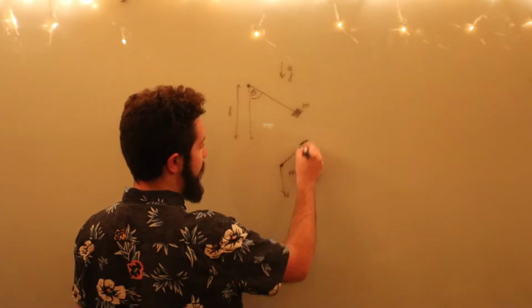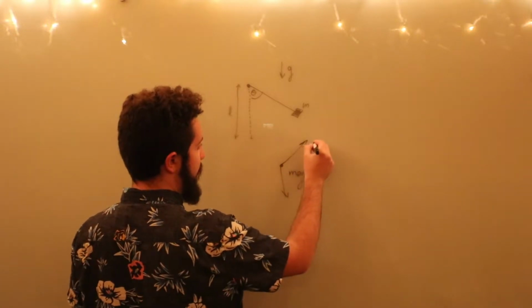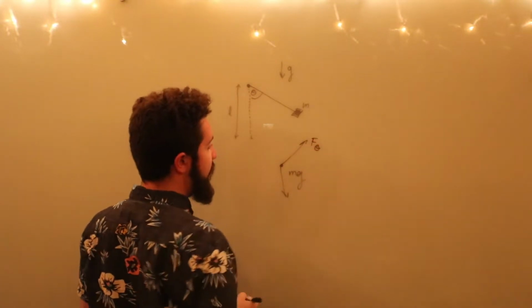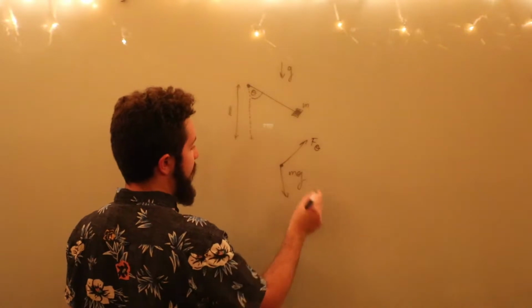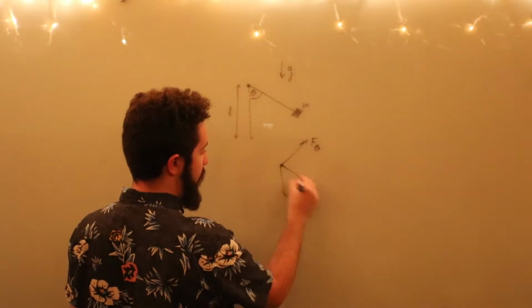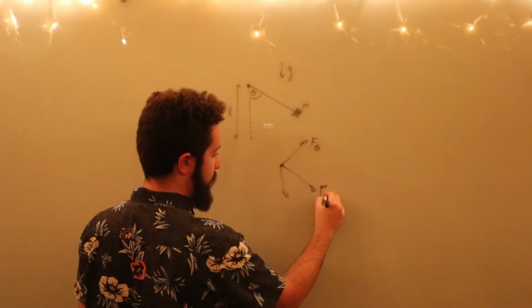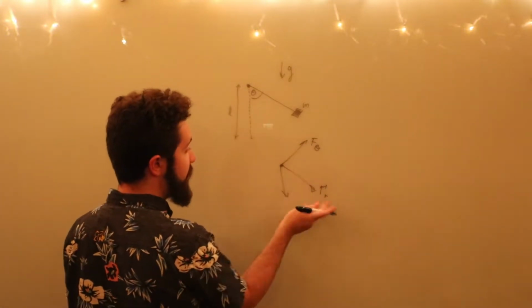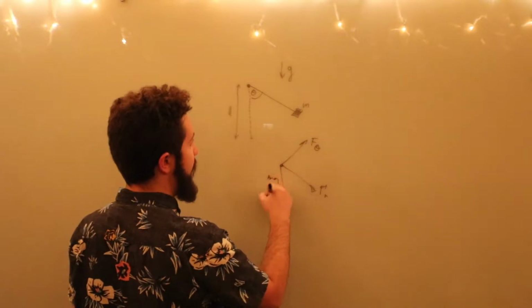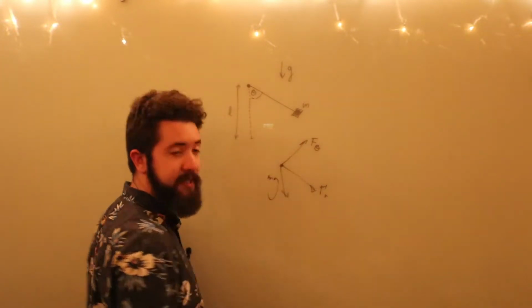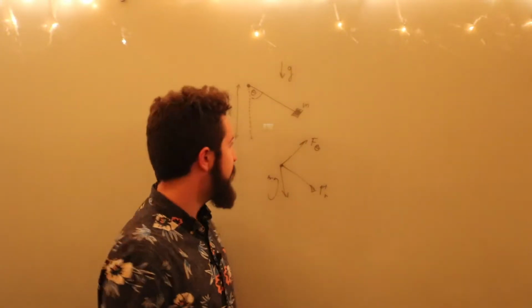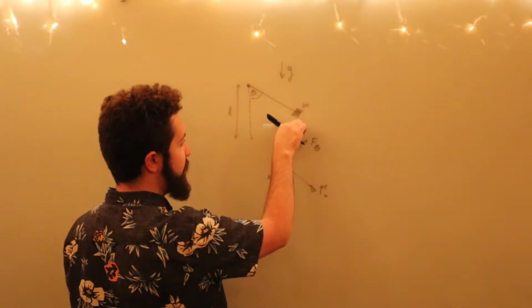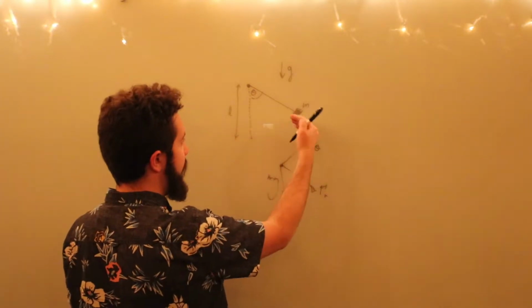So tangential is going to be F sub theta is what I'm going to call it, and F sub r is going to be the force in the radial direction. And what you'll notice first of all is that the force in the radial direction has got to be balanced by the normal force, because this thing is constrained. It cannot move in at all.